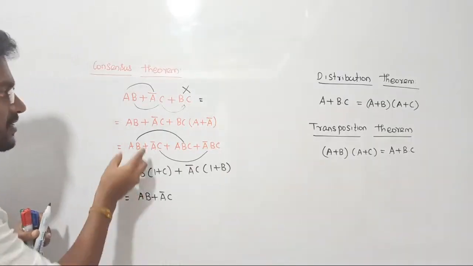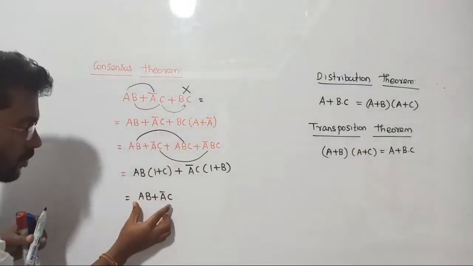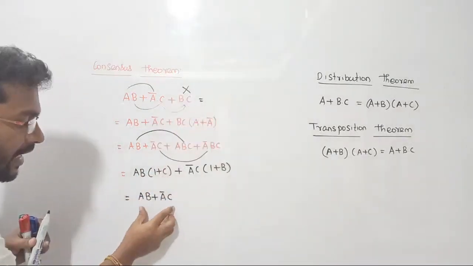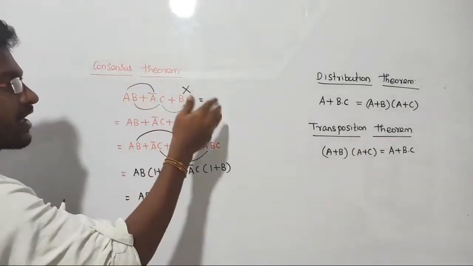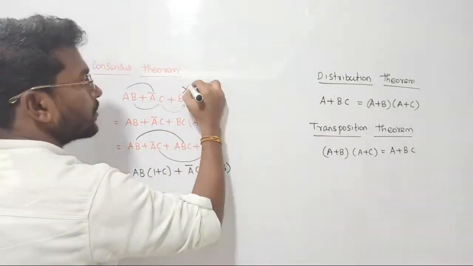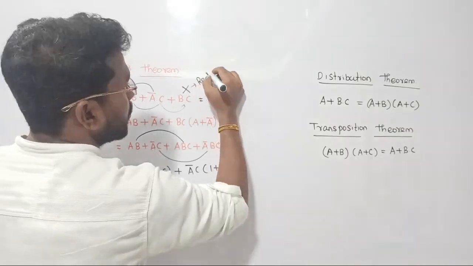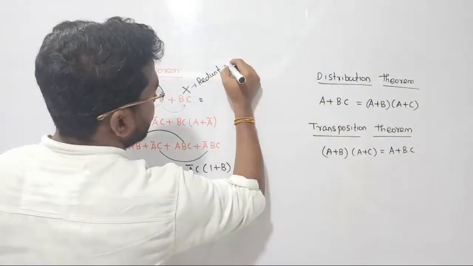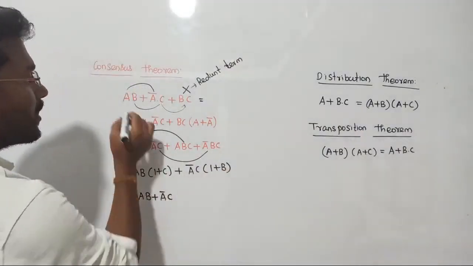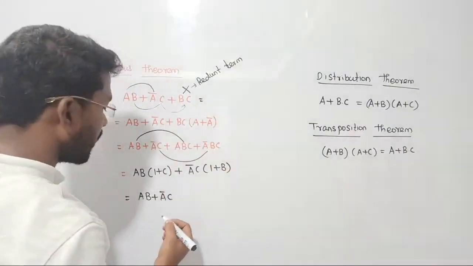Why? Because according to the proof, this function should be equal to this function. So without keeping this term, I can directly obtain the result. In the total function, I will take the result using this. So this term is called a redundant term, it is not required, and you can remove it.